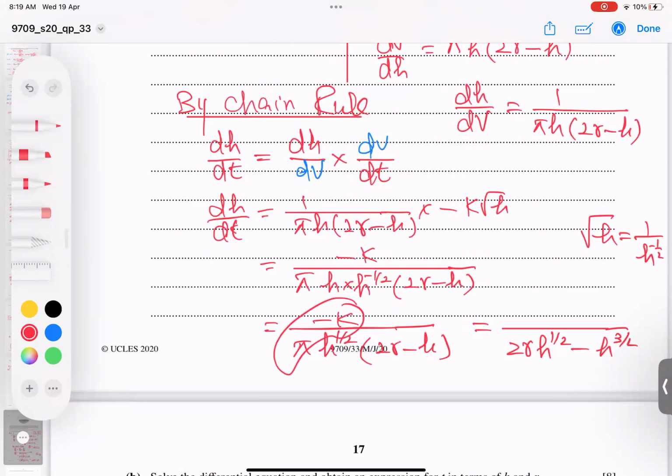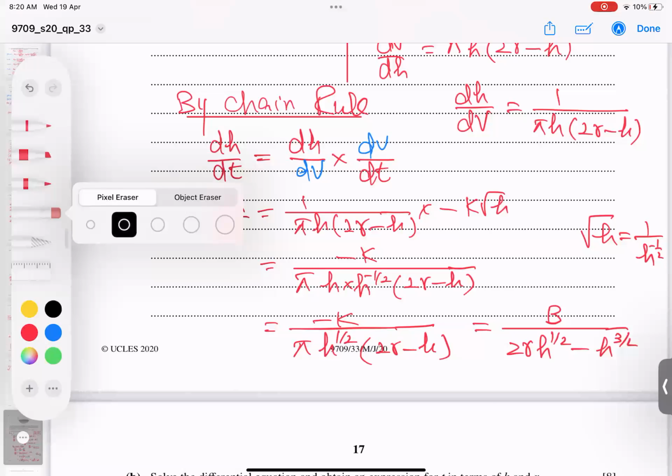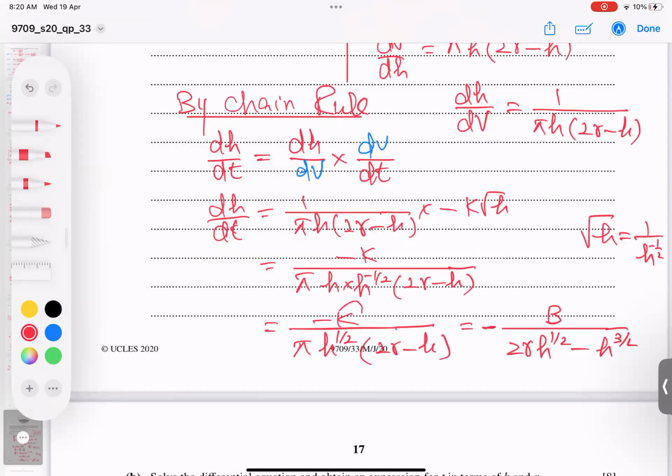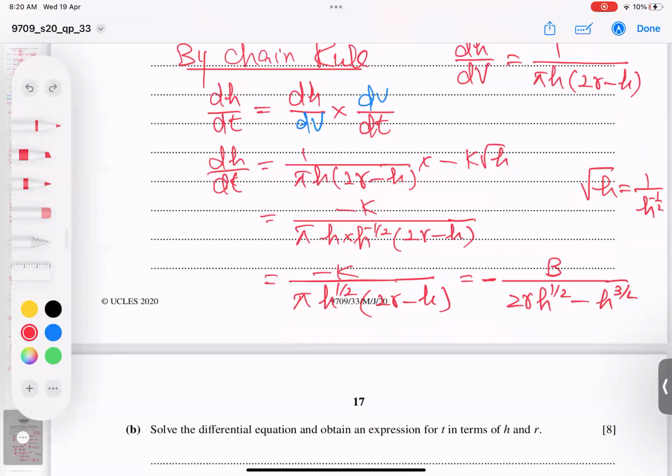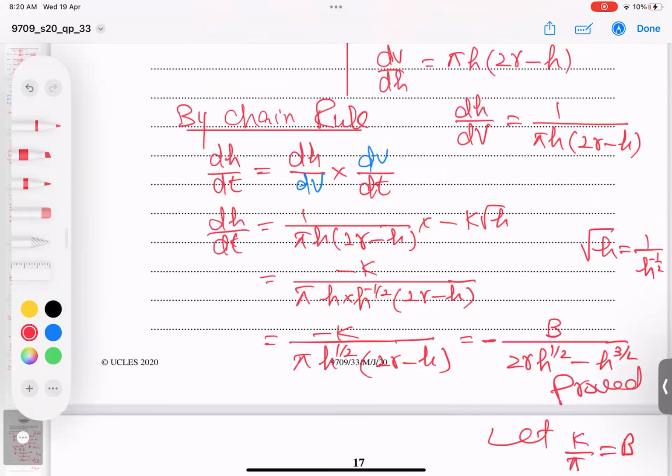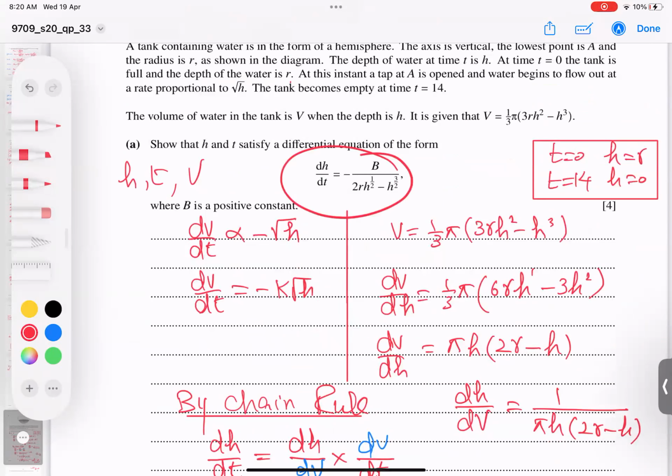All together, these three things, I will give a name of b. Not a negative, so negative is separate. I will not use negative sign, because in the answer I have to take negative sign. So only k by pi. I can say here, let k by pi equal b. So proved. Alhamdulillah Rabbil Alameen, my target is achieved.